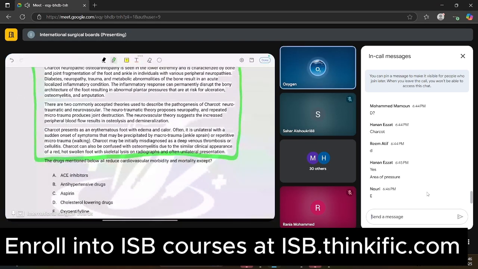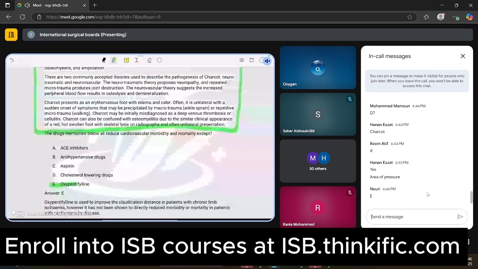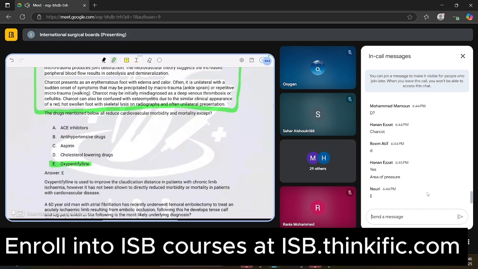By process of elimination, I'll guess E, because A, B, C, D can help cardiovascular outcomes. You are very right. Oxpentifylline, I'm not sure if I'm pronouncing this correctly, does not help with cardiovascular morbidity and mortality. Yeah, you are correct.